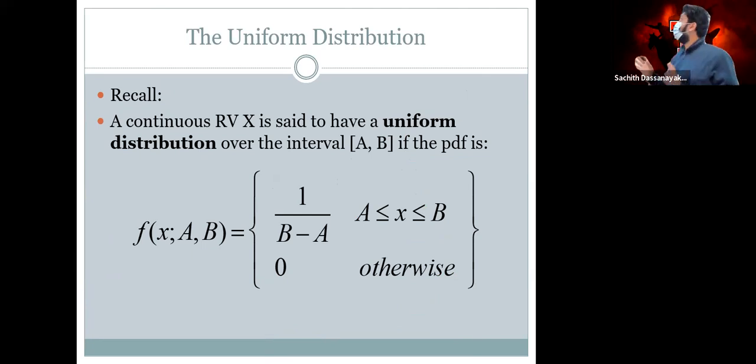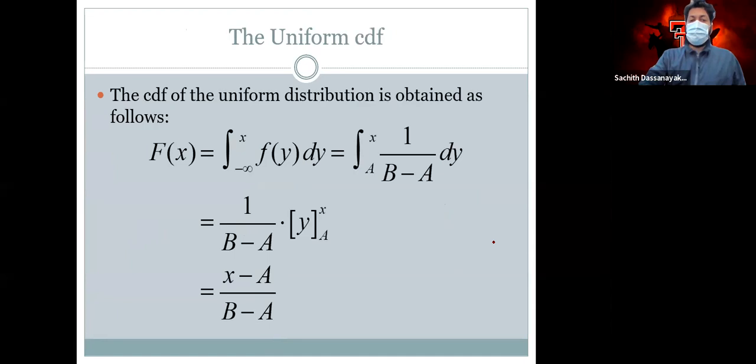Uniform distribution, this is a recall from the last section. If you have a uniform distribution, you can write the PDF like this, otherwise 0. Remember this one. And if you need to find the CDF, simply what you have to do is integrate from negative infinity to x this function. Now what is this function? 1 over b minus a.